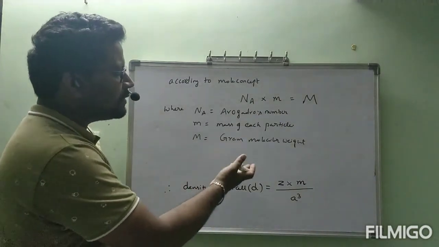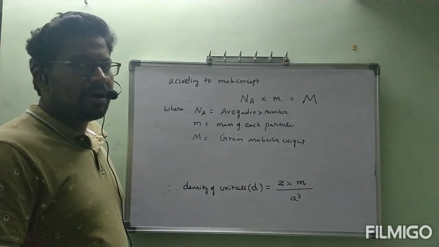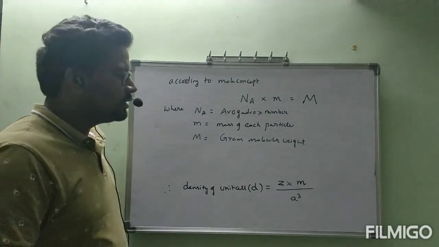If it is an element, gram atomic weight. If it is a molecule, it is gram molecular weight.